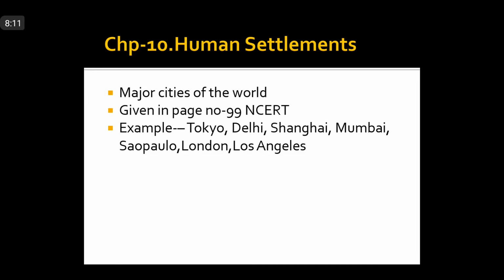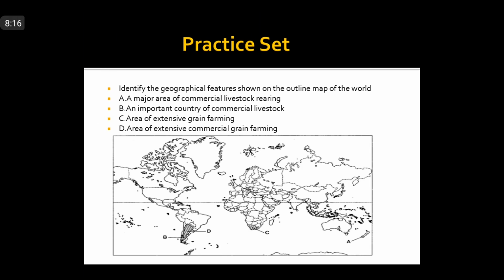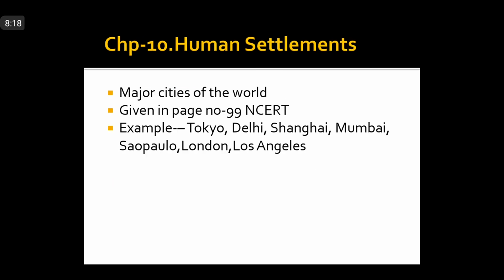For example, I have given you some examples like Tokyo, Delhi, Shanghai, Mumbai, London, Los Angeles, and apart from this, 33 major cities of the world are given there on page 99 of NCERT. So you will have to practice all those, and you never know which city will be asked in exam. So it's better if you practice all cities.